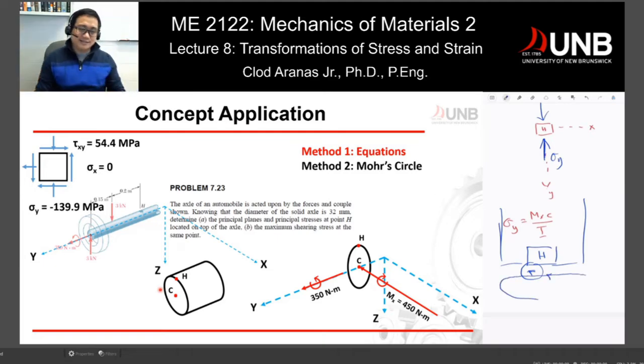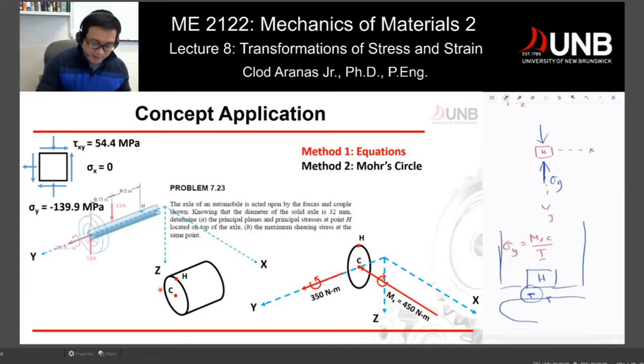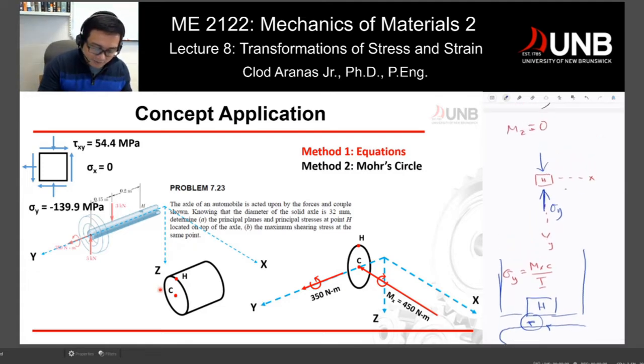So that's applying a shear, which means if I draw my element here, that's the view of my element from this one. So it's producing a shear which has this component here, which is a positive shear.